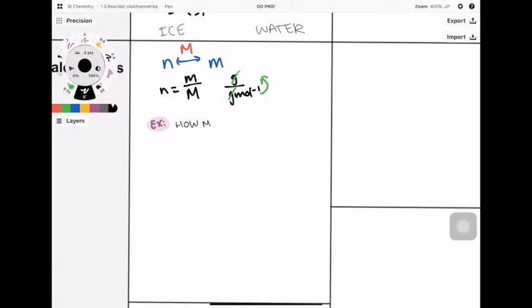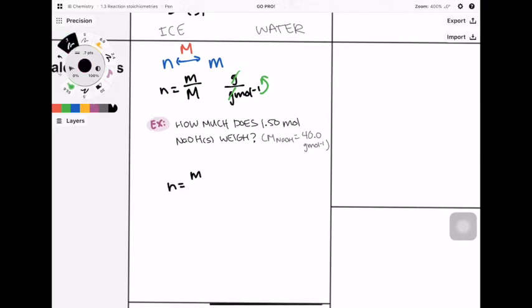Here I have an example. I'm asking how much does 1.50 moles of NaOH weigh? So again, here we're going from moles to grams, and I've given you that molar mass again, which you could take a look at the periodic table for and add up the atomic masses of Na, O, and H. So in this case, relatively straightforward.